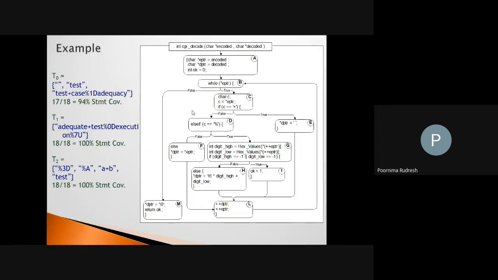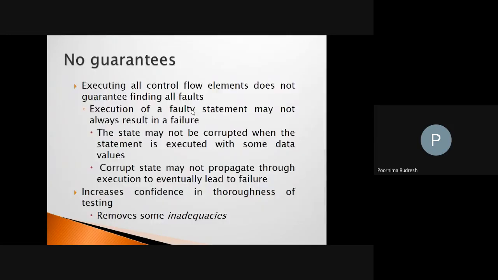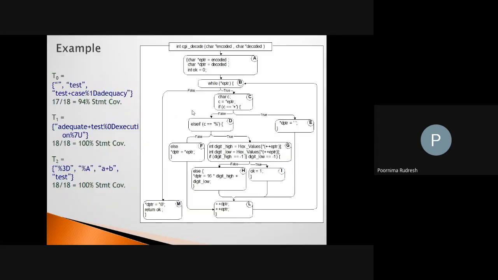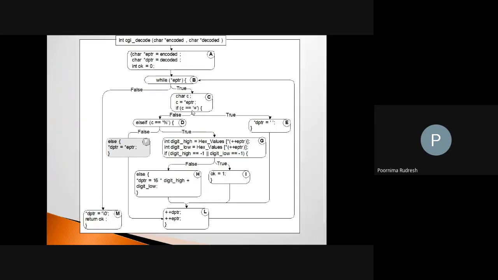This example we'll discuss in the next class, because before discussing it you need to know what statement testing, branch testing and condition testing are. That we are going to study in the next class.